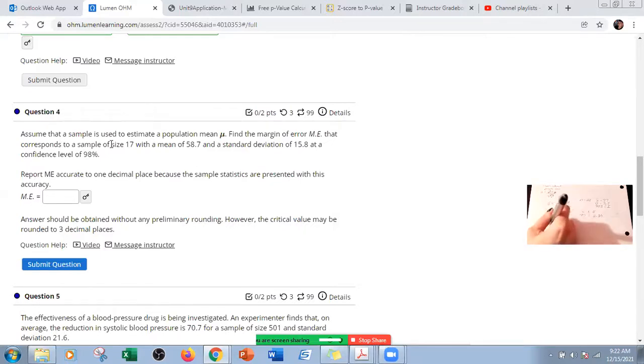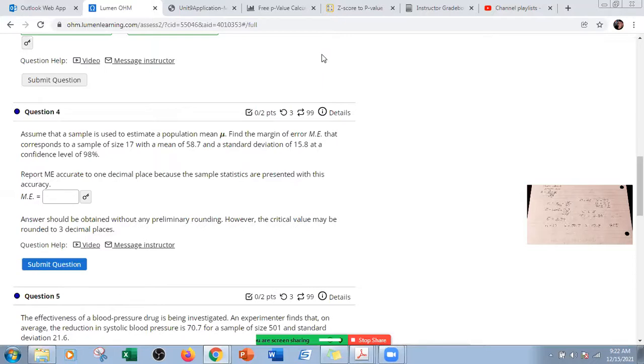So I'm going to write n is equal to 17 with a mean x bar of 58.7 and a standard deviation s of 15.8 at a confidence level of 98%. Report the margin of error accurate to 1 decimal place because the sample statistics are presented with this accuracy.